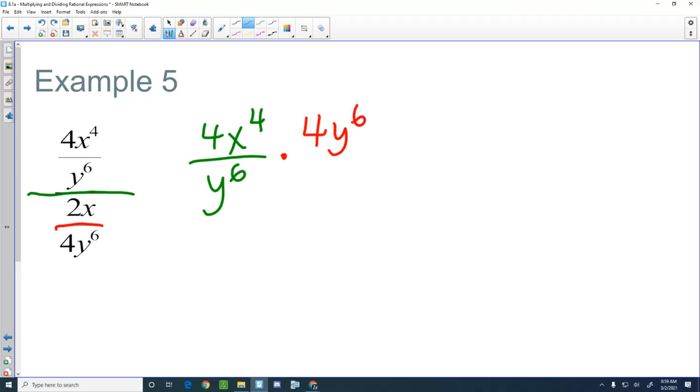So I'm putting that up top, right? I'm flipping it right here. The 2x, technically that's in the numerator of that bottom fraction, so I'm writing it down there. 4 times 4 is 8, divided by 2 is 4, 3 more x's up top, and the y's cancel out. 4x to the third.